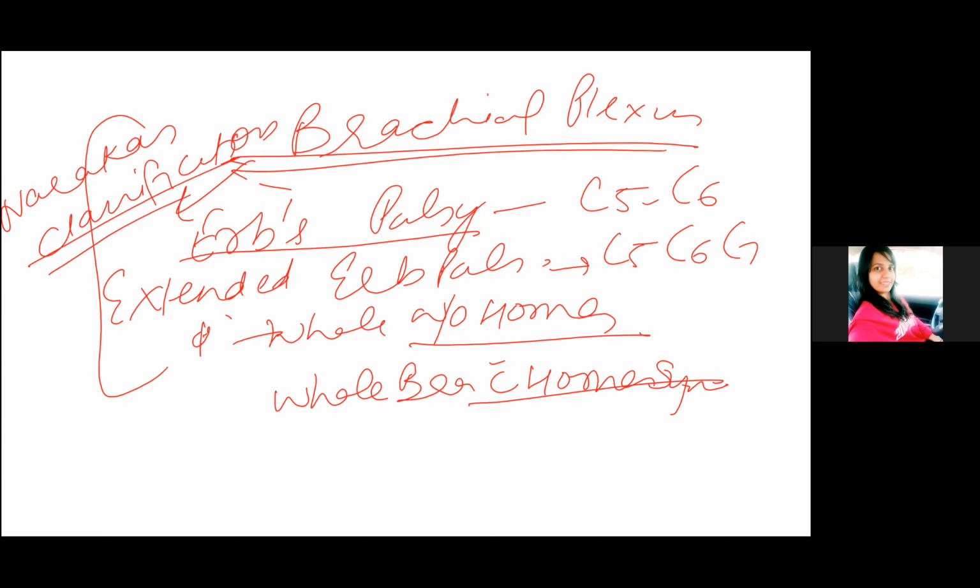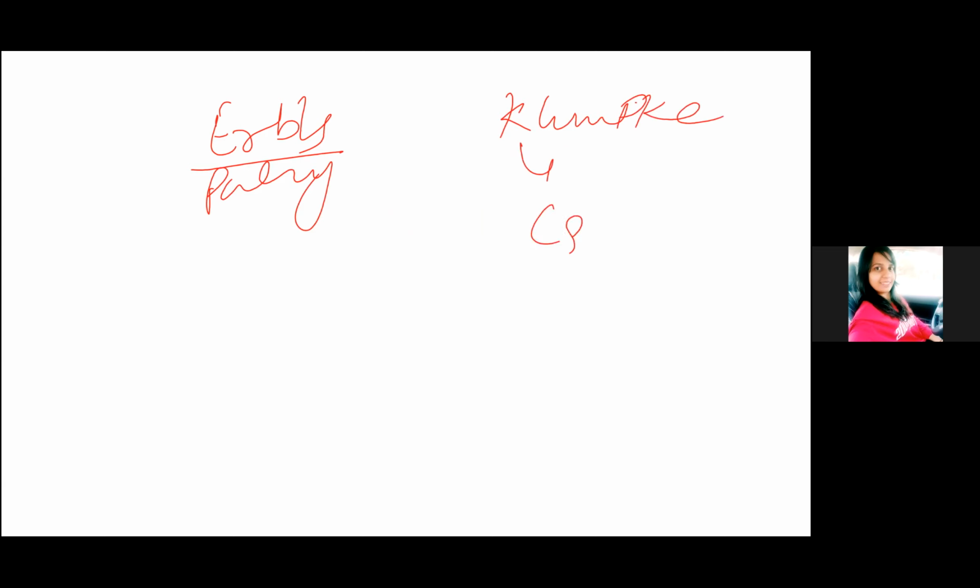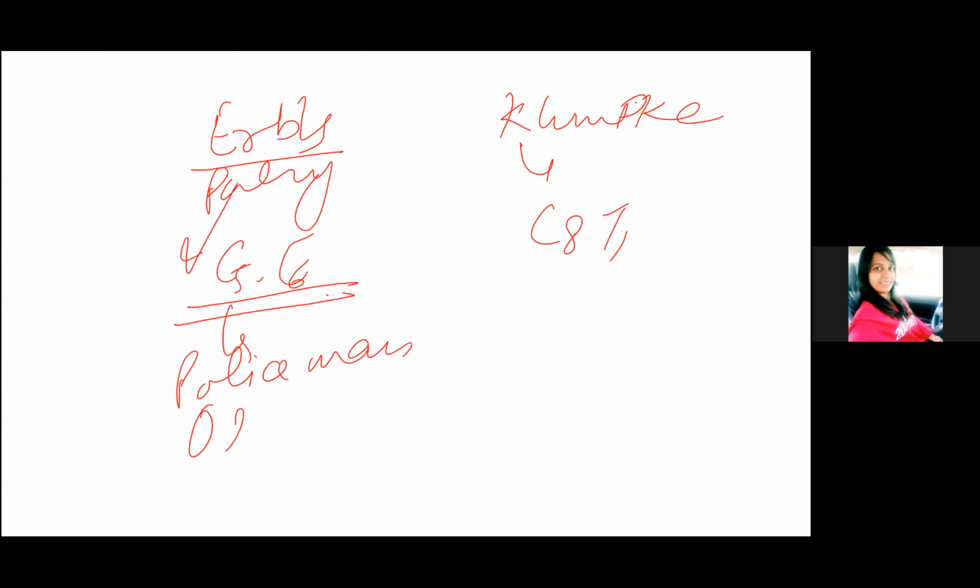And then we also have Erb's palsy and Klumpke's palsy. Okay, in Klumpke's palsy, there is involvement of C8, T1. In Erb's palsy, there is involvement of C5, C6. In Erb's palsy, we have policeman's or waiter's tip deformity.